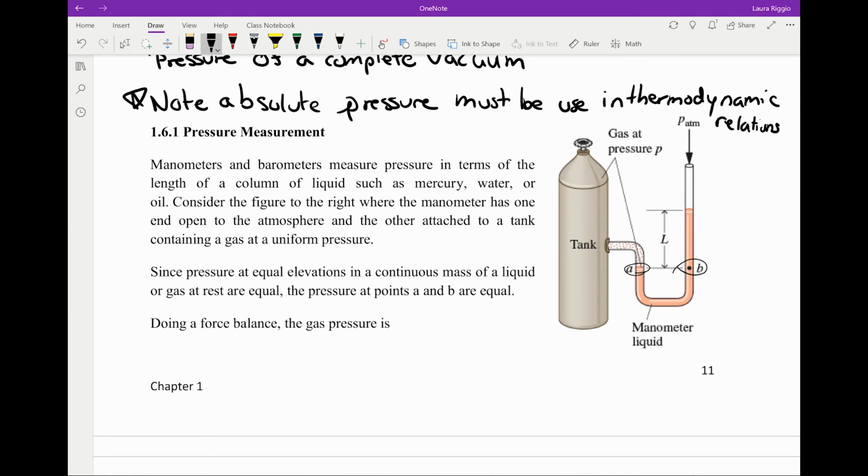If we were to do a force balance, the gas pressure, P, is going to be our atmospheric pressure, because that's what our system is open to at the top, plus our density times gravity times the height of our fluid column.